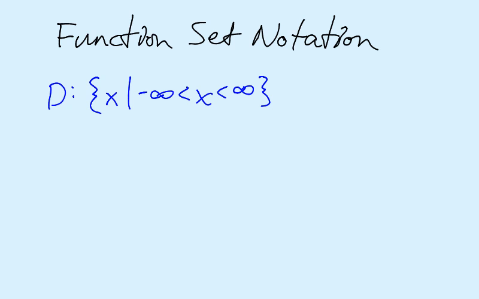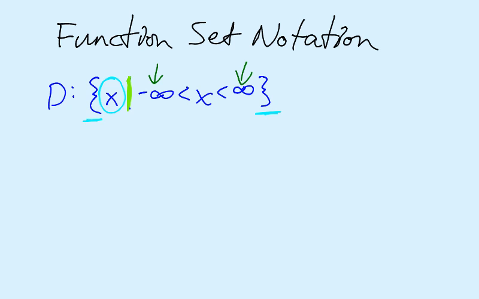This is set notation. It's very specific. Set being these two curly brackets on the end, and it's the set of x. And then this little vertical line right here means such that. And then I tell what x is in between, right? It's in between negative infinity and positive infinity. Real simple.